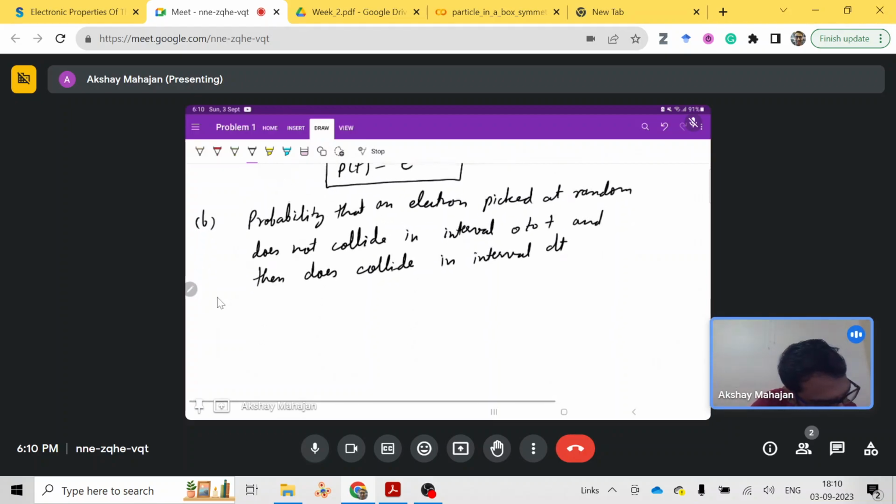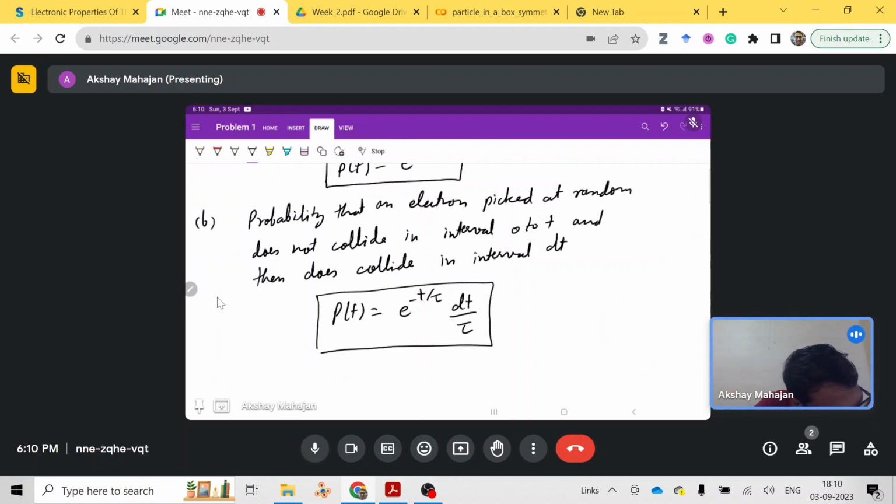That probability is p(t) equal to e to the power minus t by tau times dt by tau. So this is what we got from part A and part B.